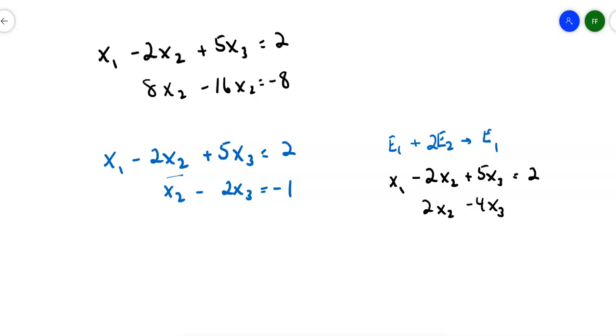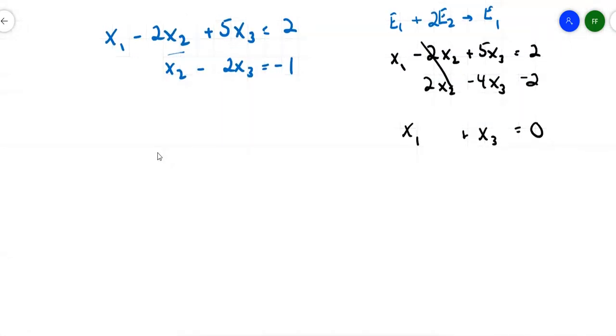And then negative 1 times 2 is negative 2. I add these things together. I get x sub 1. The x2's go away. 5 minus 4 is 1. I'm leaving a space just to sort of line everything up. And 2 minus 2 is 0. Oh, okay.